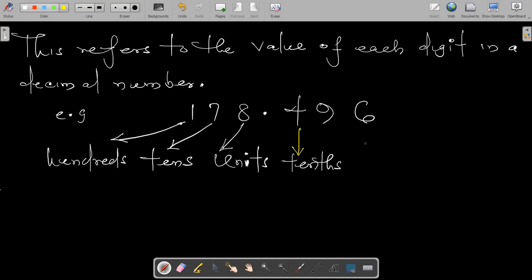While the 9 represents the 100th. Let me put this into writing. 100th. Then the 6 represents, we call it the 1000th.